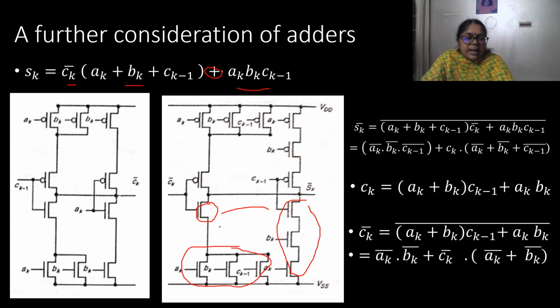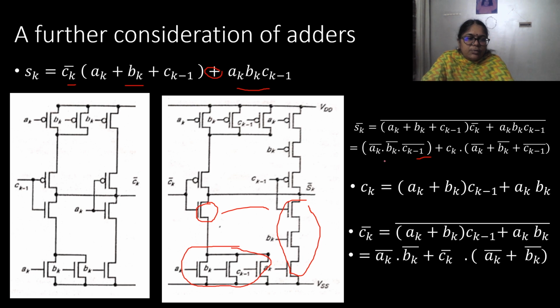Now, as I had explained previously, for the PMOS part of the circuitry, we are finding out S bar, that is, we apply complement to the expression for S, and once we get the expression by using De Morgan's theorem, you can see here we have A bar, B bar, Ck minus 1 bar.